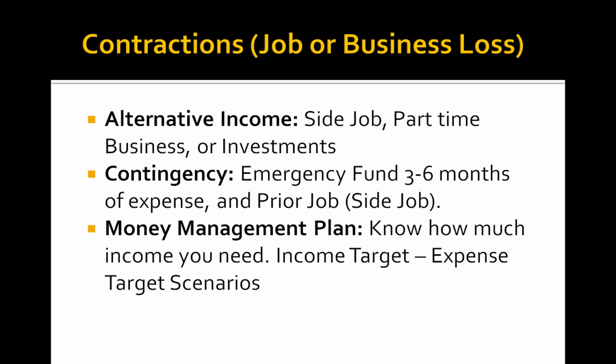Okay, so we have emergency funds, and we also have prior jobs or side jobs. A prior job would be a job that you can go back to, to help mitigate whatever financial trouble you're having.